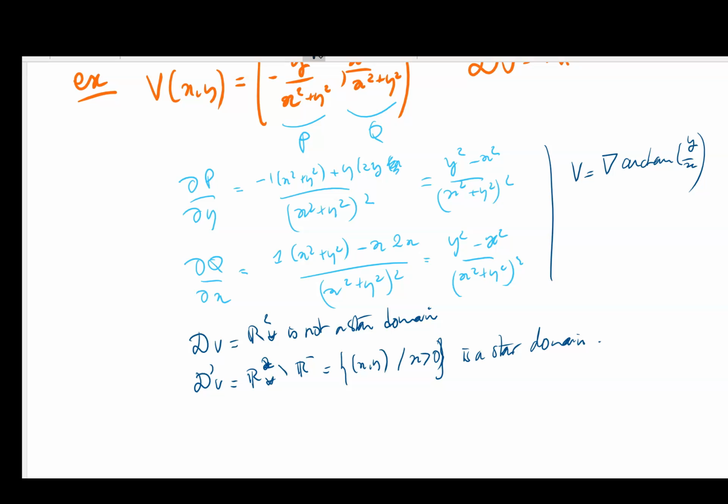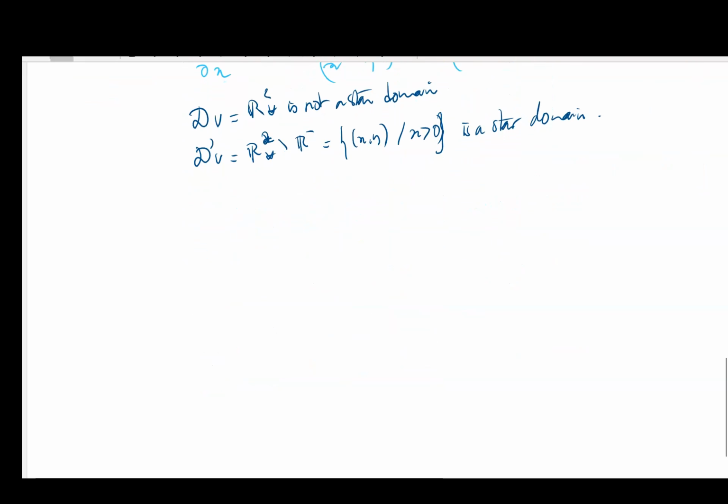This being said, let's compute. That's the important part. Well, it was also important before: the circulation of a conservative vector field.